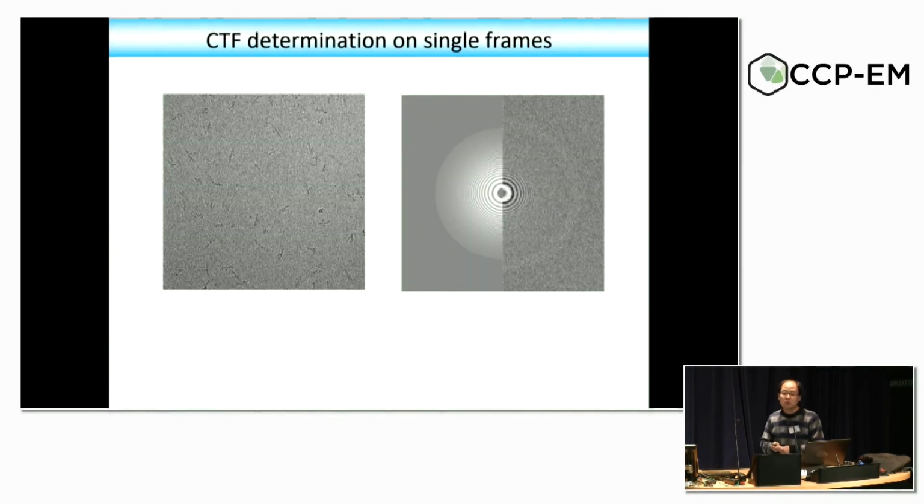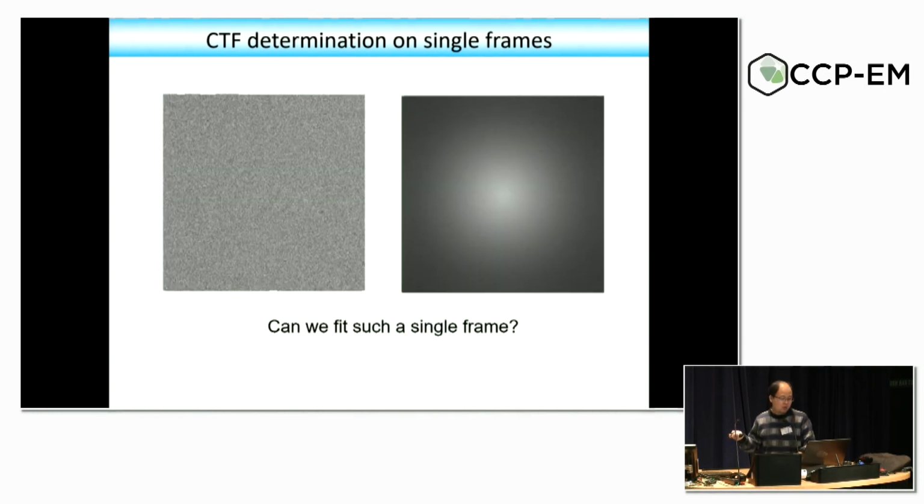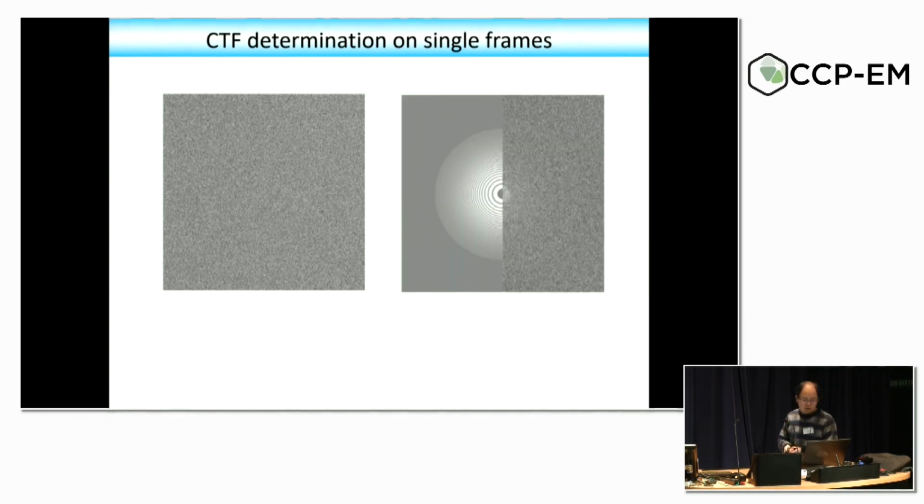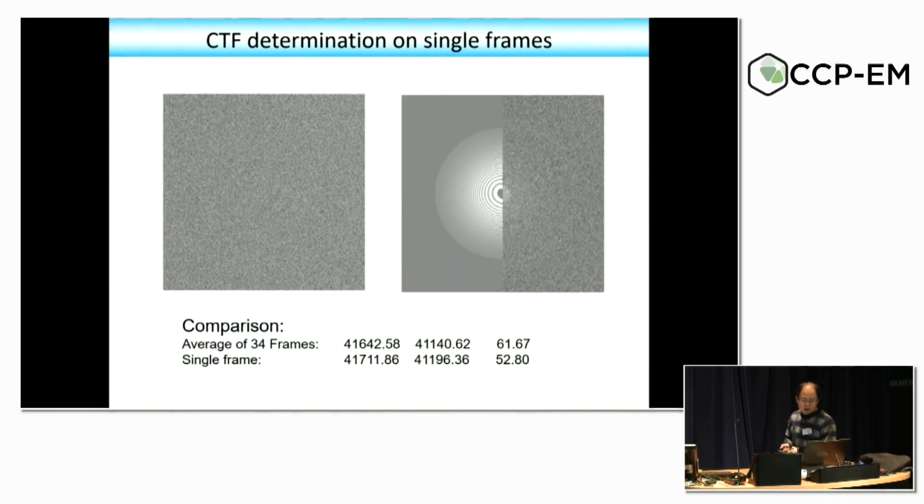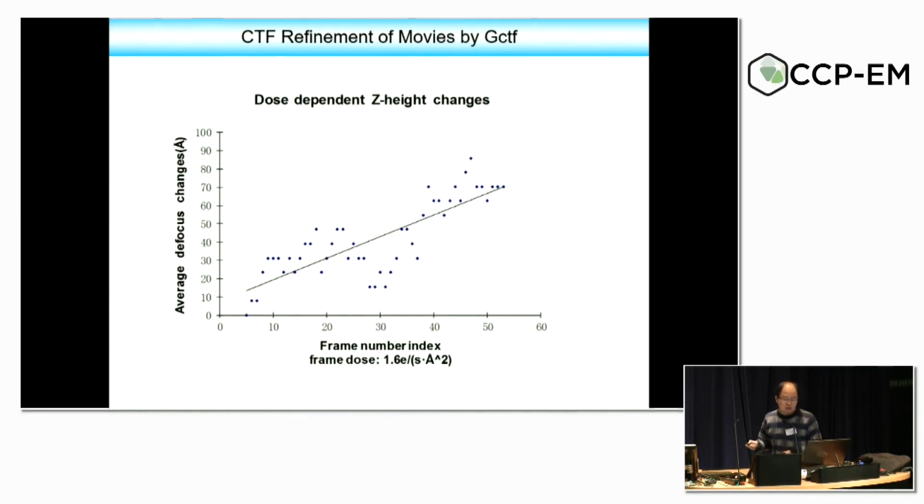But before we can optimize the weighting schemes, we need to accurately estimate the CTF of each individual frame. And this is very challenging. You can see there is almost no signal. But actually, the refinement approach in GCTF can still get a quite reasonable estimate for the frames. And this is the estimation.